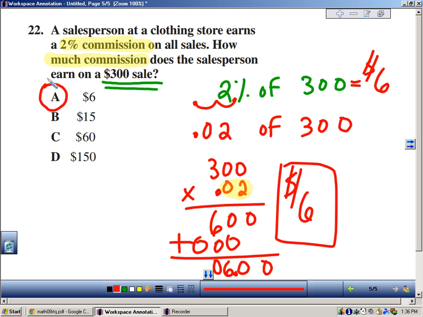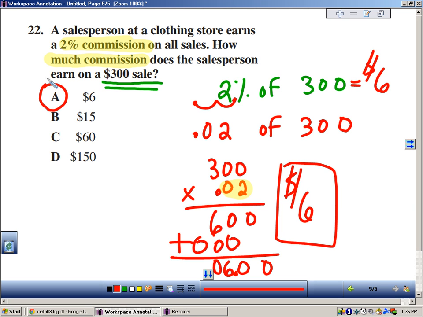I hope that you understand and see now that most of these questions on the CAHSEE test, when they ask you to find a sales price, when they ask you to find a discount amount, or simple interest, or commission, or profit, all those keywords will require you, first and foremost, to find the percent of a number.